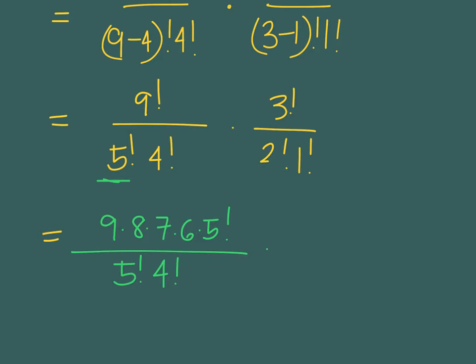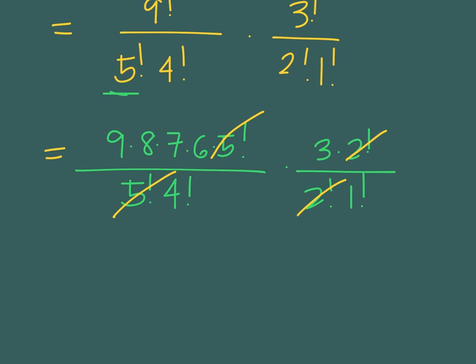Then you have 3 factorial, or we can change this into 2 factorial over 2 factorial and 1 factorial. Then you just cancel 5 factorial and 5 factorial, 2 factorial and 2 factorial.